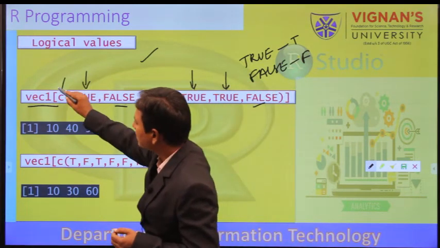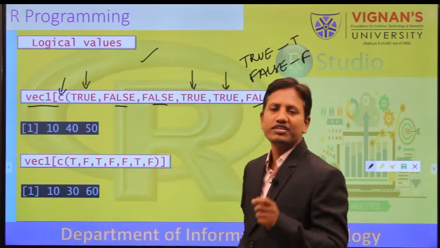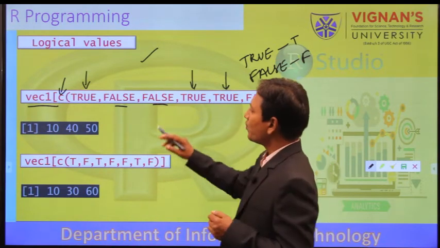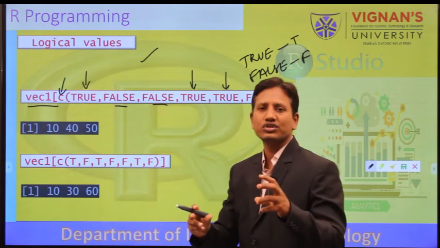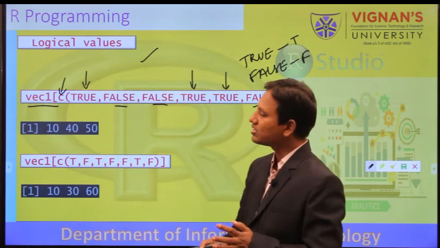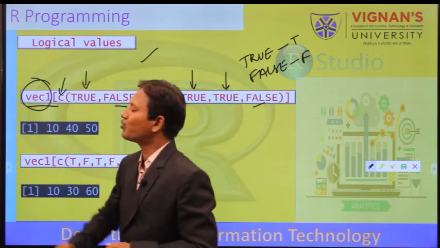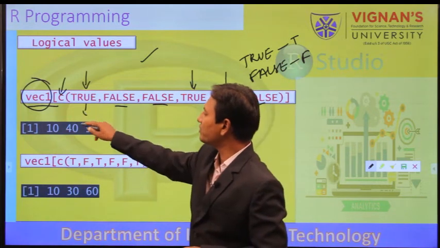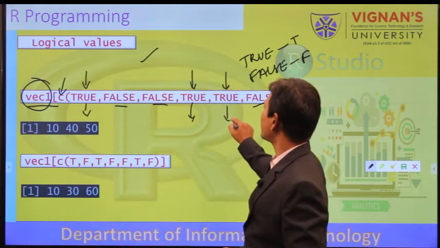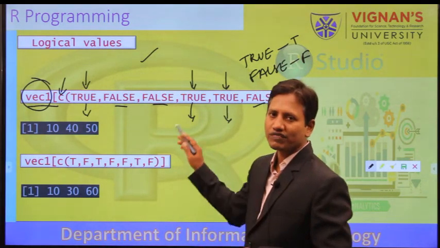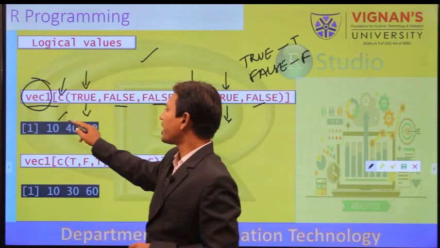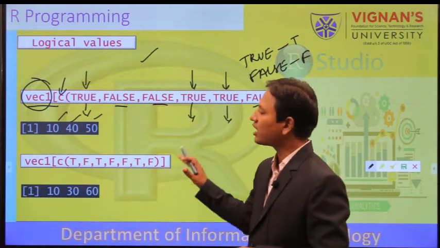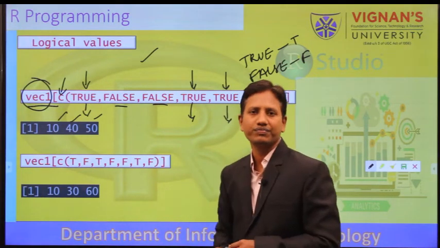I kept in a C function. C function is used to create a vector in R. So we have passed a vector as an index to this R object vector 1. So it is going to select the first index value, the 4th index value and the 5th index value. Because of that, the output we got is 10, 40 and 50.